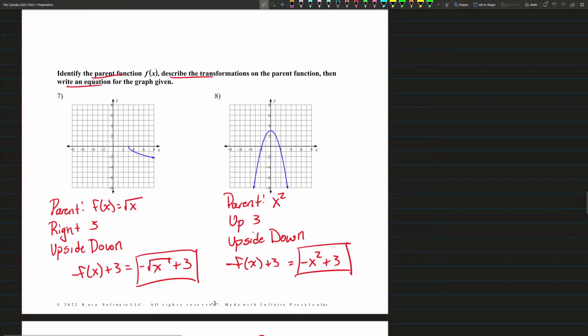Yeah, you're right. I was shifting it upward, so this should be this, and this should be negative then too. Good catch. Sorry about that.